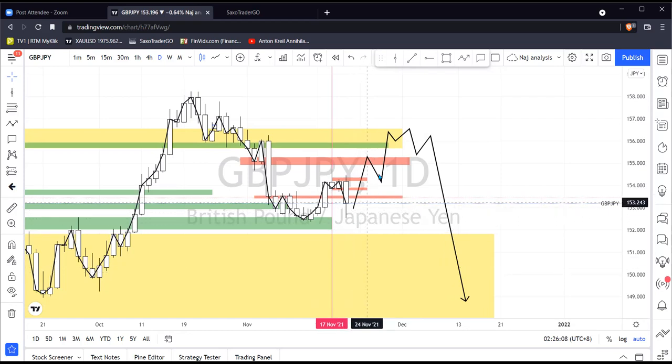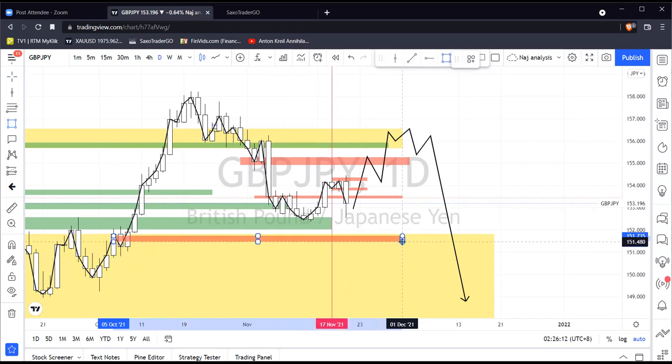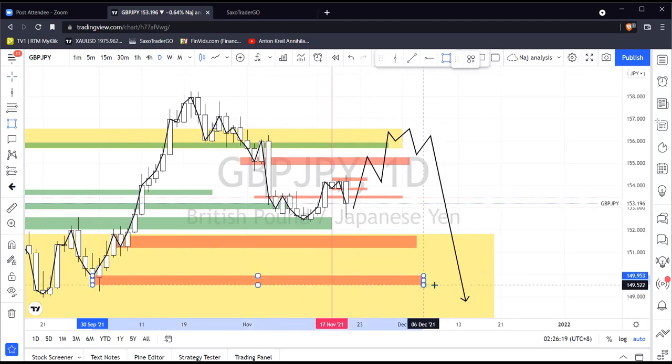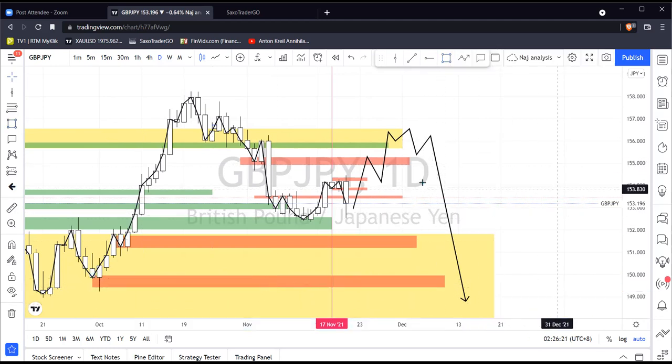It really depends, because if you mark here, there's also a roadblock here, so it's a game of probability. We just mark all the zones and see what price does in the zone, the confirmation. All right, does that answer your question, by the way?